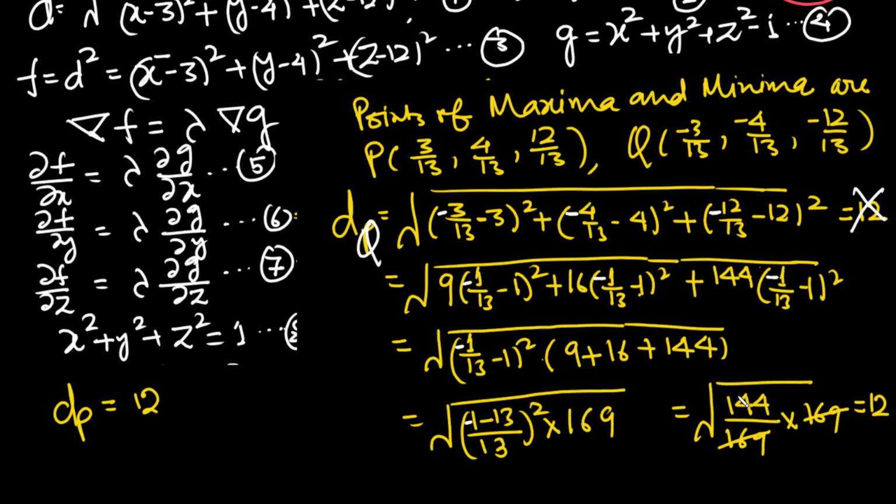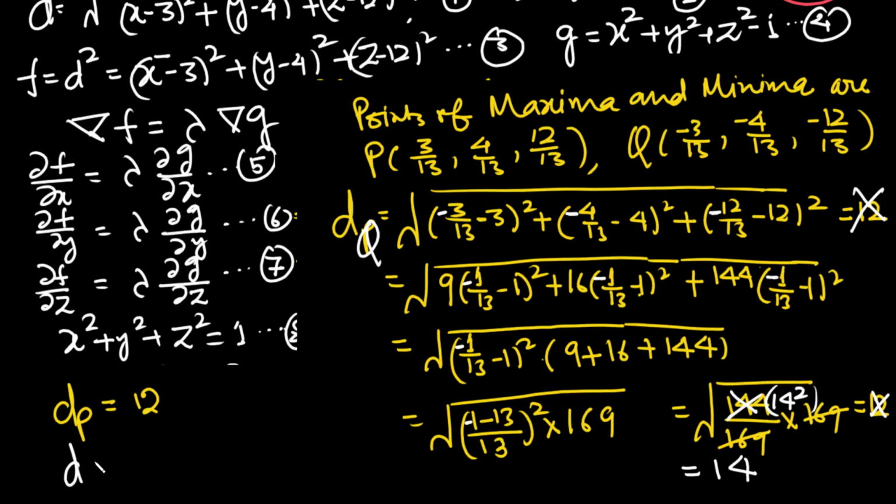So in place of 144 we will have 14 squared, and minus 14 squared is the same as 14 squared. The 13 squared and the 169 cancel out. So the value of the distance function at Q is the square root of 14 squared, which is 14.